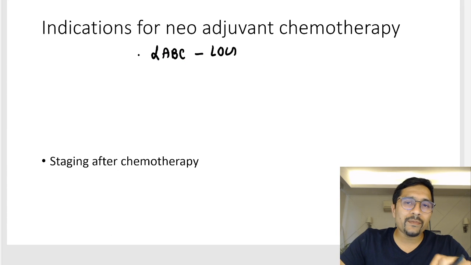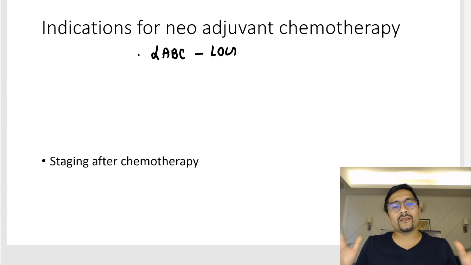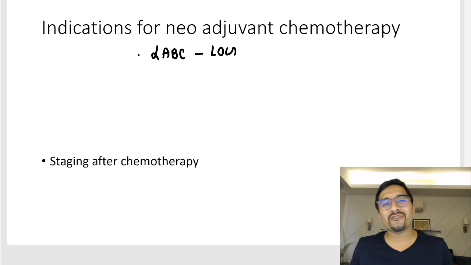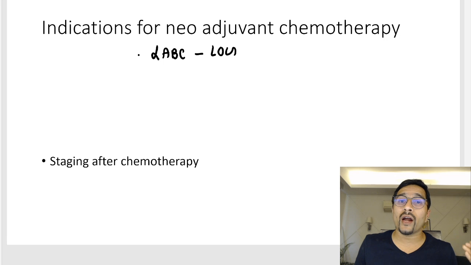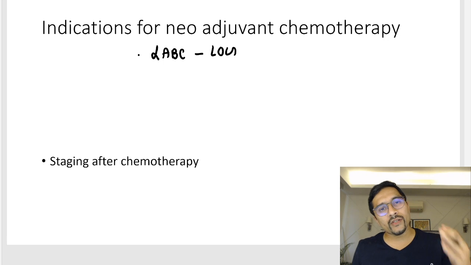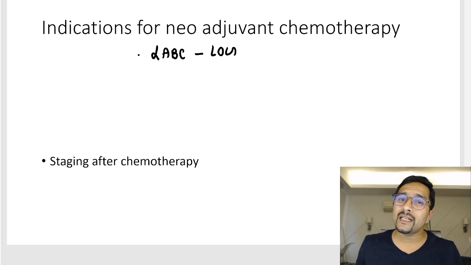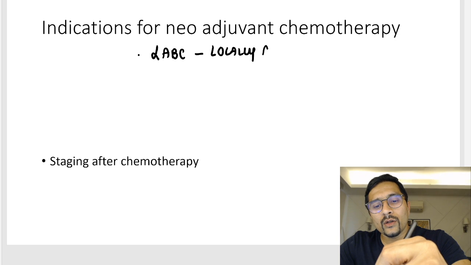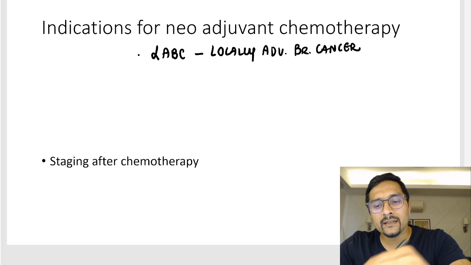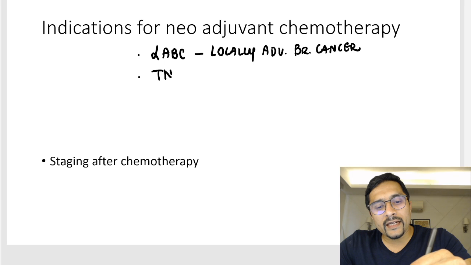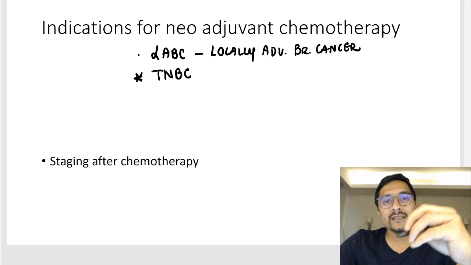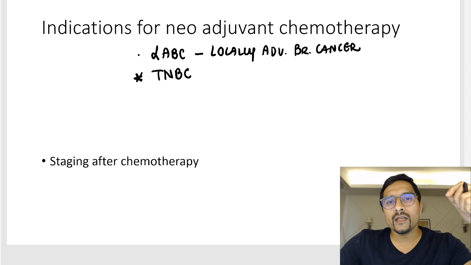Now, a major update in Bailey is where they've expanded the indications for neoadjuvant chemotherapy. Now, we know neoadjuvant chemotherapy is chemotherapy given prior to surgery. So, any treatment which we give prior to surgery is known as neoadjuvant. So the indications for neoadjuvant chemotherapy in breast cancer are locally advanced breast cancer, then triple negative breast cancers. This is very important because I told you triple negative breast cancers or basal type of cancers respond very well to chemotherapy.